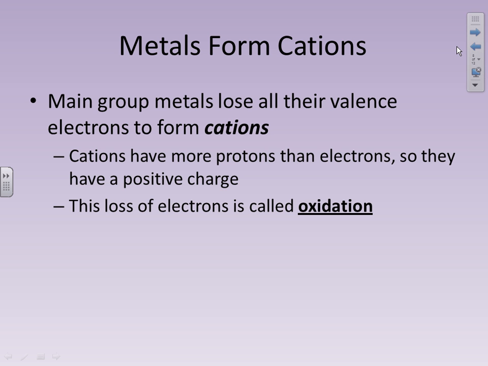So let's talk about these. Metals. We just talked about that metals will lose valence electrons. When metals lose valence electrons, they end up with more protons than electrons. If an atom has more protons than electrons, what charge does it have?